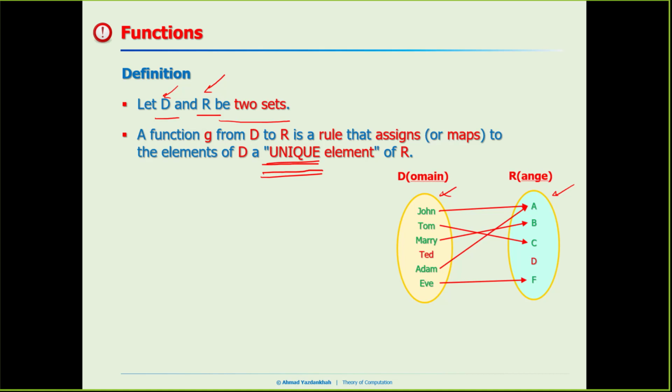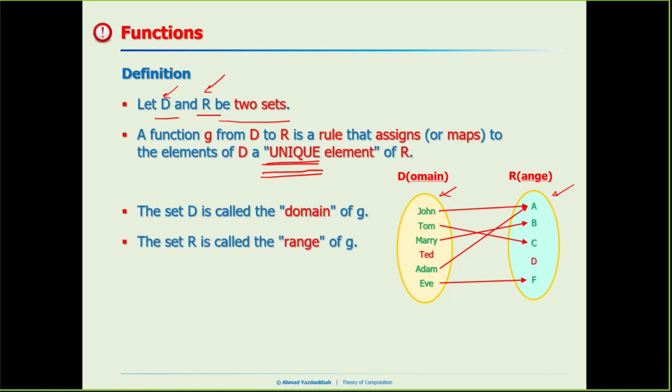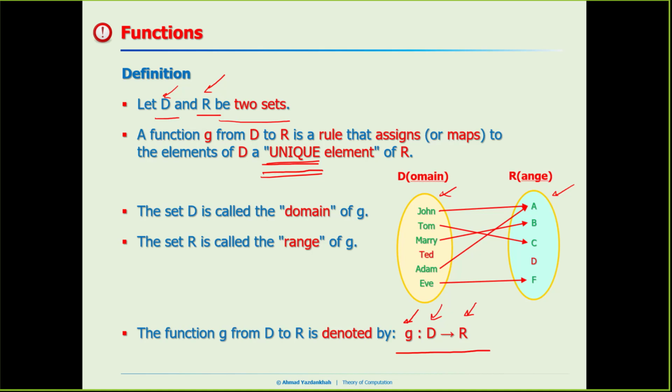So in that case, we call the first set the domain, the other set the range, and the function is denoted by this relationship. So this is the name of the function. Let's call it G. And this is the domain and this is the range. So the elements of domain will be mapped to the elements of range.